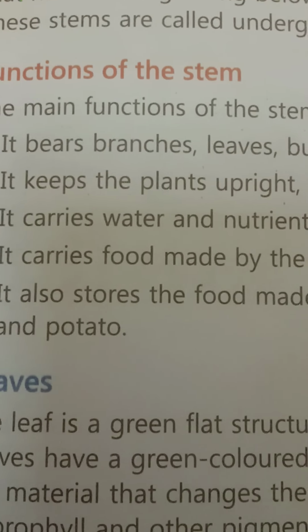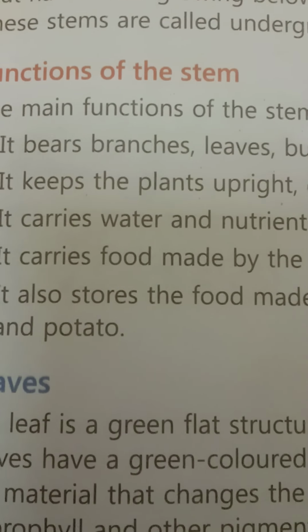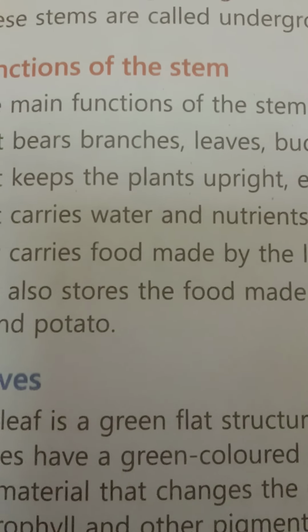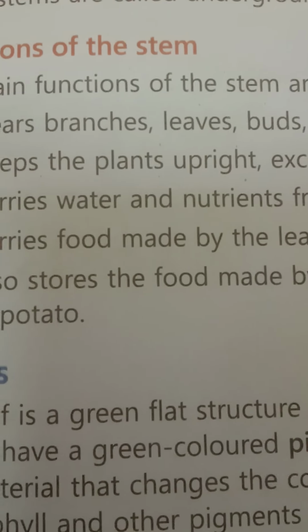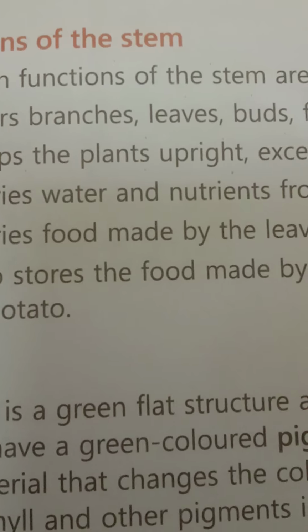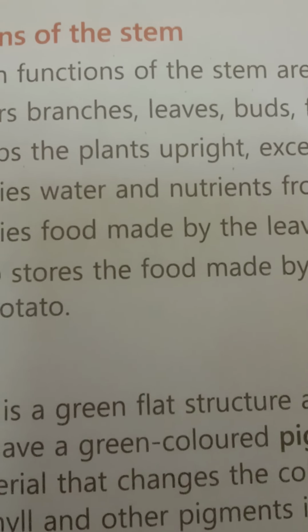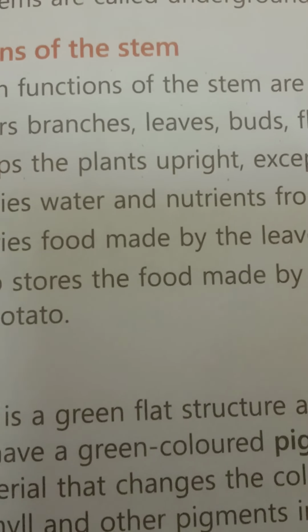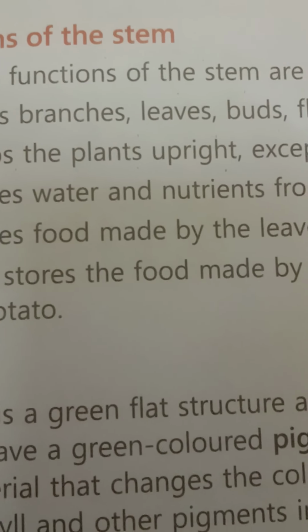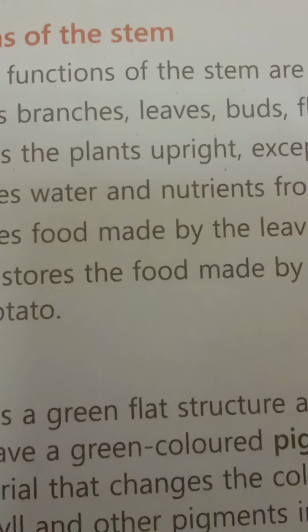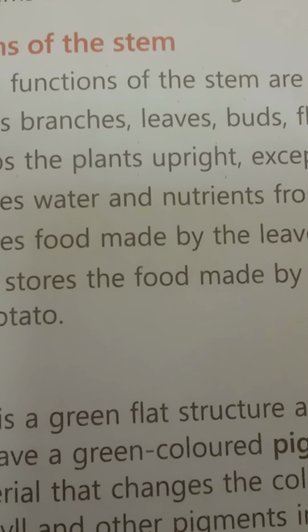So student, the primary functions of the stem are to support the leaves, to conduct water and minerals to the leaves where they can be converted into usable products by photosynthesis, and to transport these products from leaves to other parts of the plant including the roots.